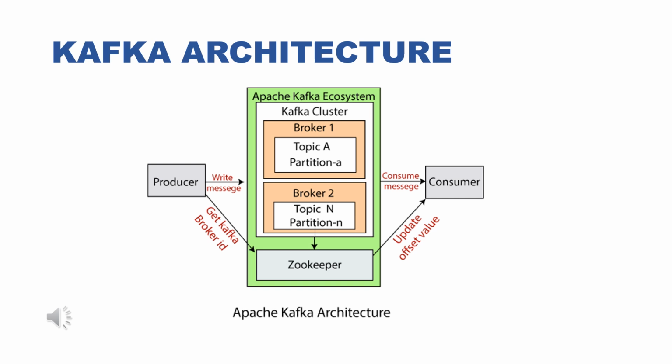The Kafka cluster is again partitioned into many brokers. We have two brokers here, broker 1 and broker 2. Inside these brokers, we have topics and partitions. There is one topic called topic A, and there is one partition called partition A. Broker 2 has topic N, and the partition is N minus 1. So there are multiple partitions present in a single topic, and these topics are present inside the broker.